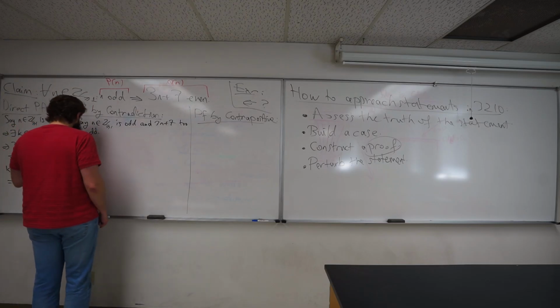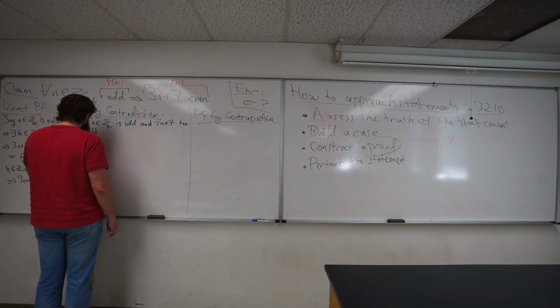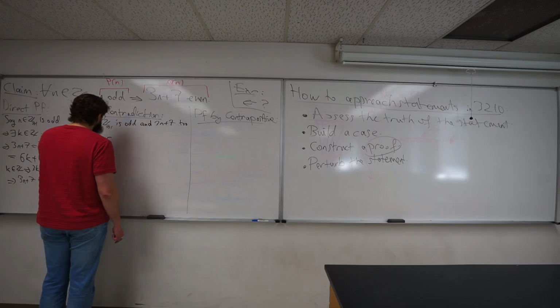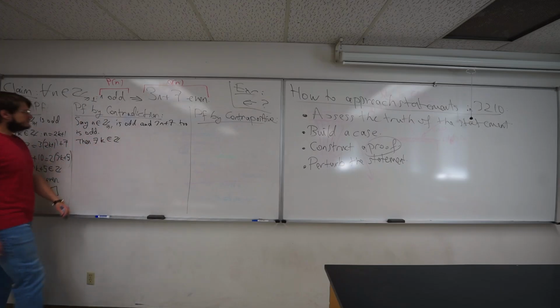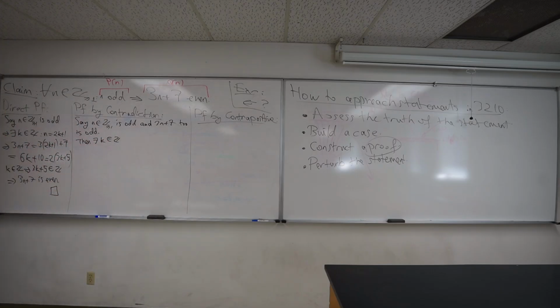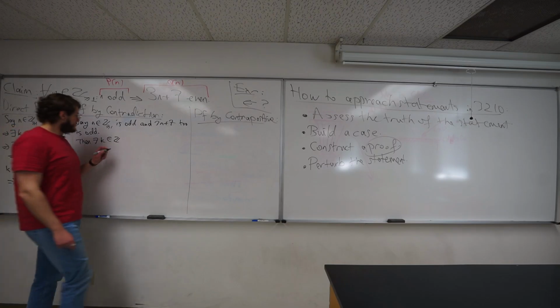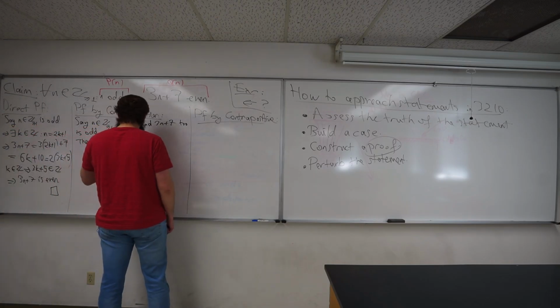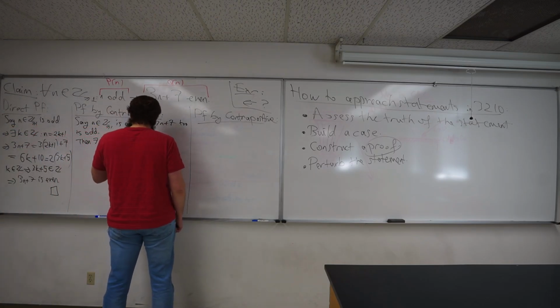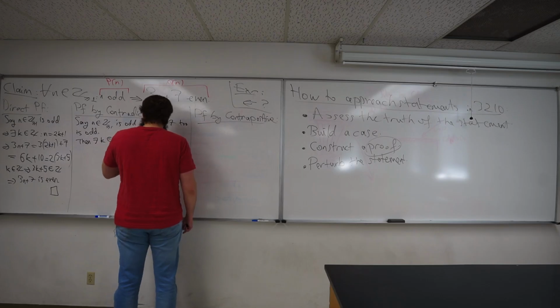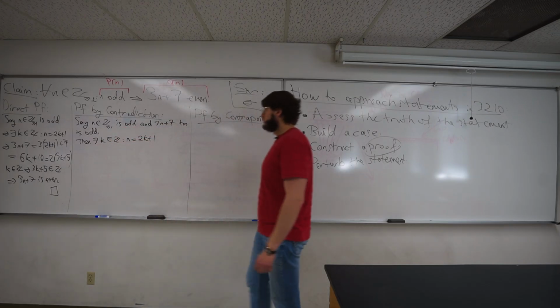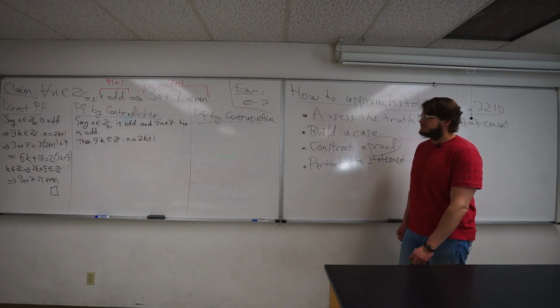What I can do is this. I can say, again, there's an integer k such that n equals 2k plus 1. This is using the definition of n being odd.